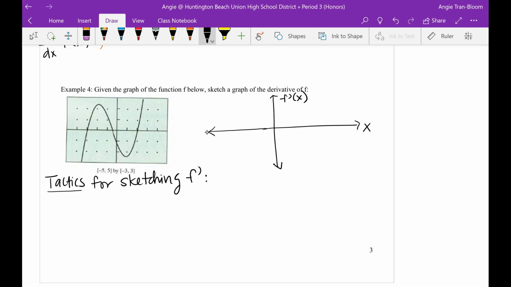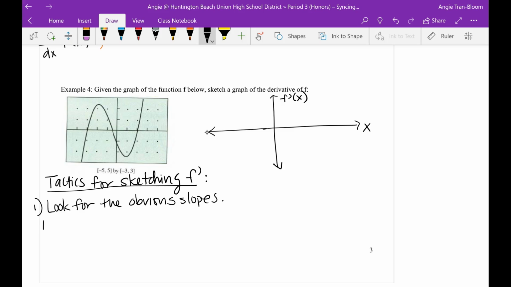Let's start with the first one, an easy one: look for the obvious slopes. Most obvious are when the slope is 0.